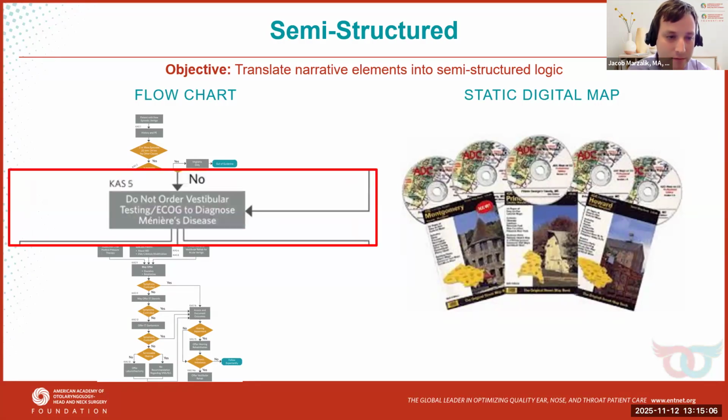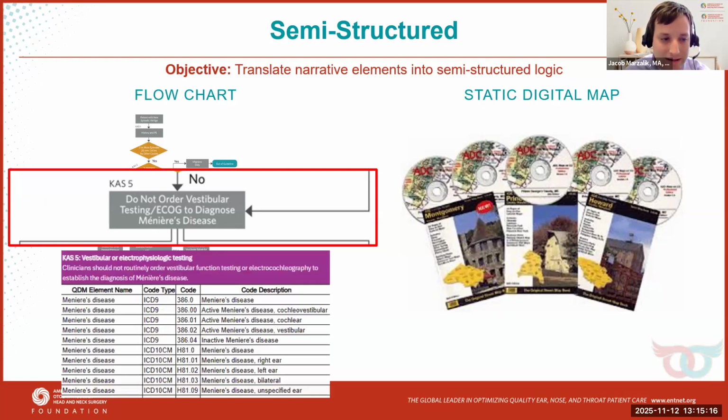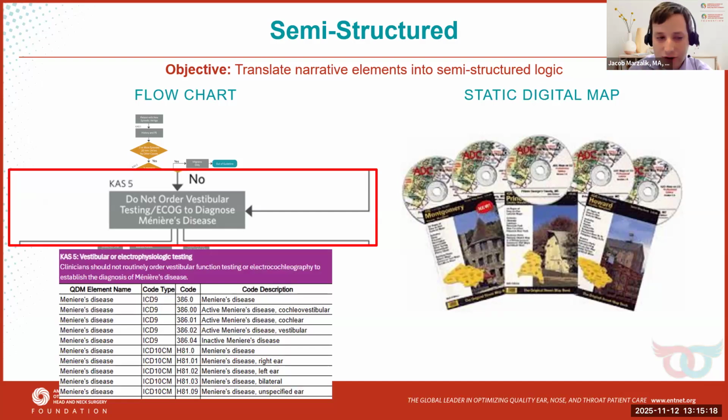Here I'm zooming in to the specific key action statement, the example that was shown in the previous level. In this stage, we take each key action statement and create a matrix table. This matrix table shows the existing ICD-10 codes that are tagged to that specific key action statement.